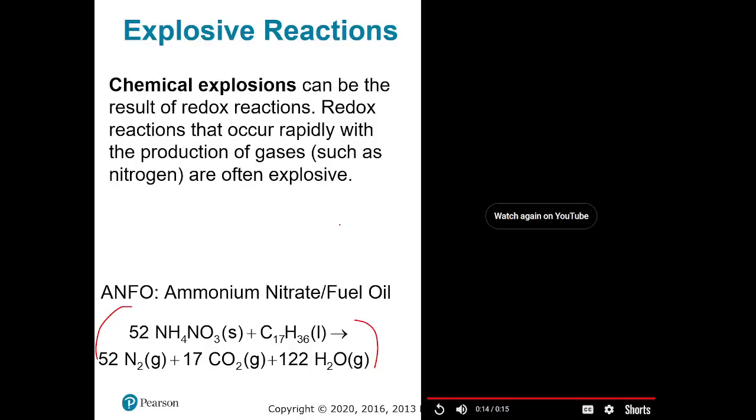But anyways, now you got to see a car blown up by ANFO, your nice ammonium nitrate fuel oil explosion. And so, a great example of a redox reaction. Very, very fast, very rapidly expanding.